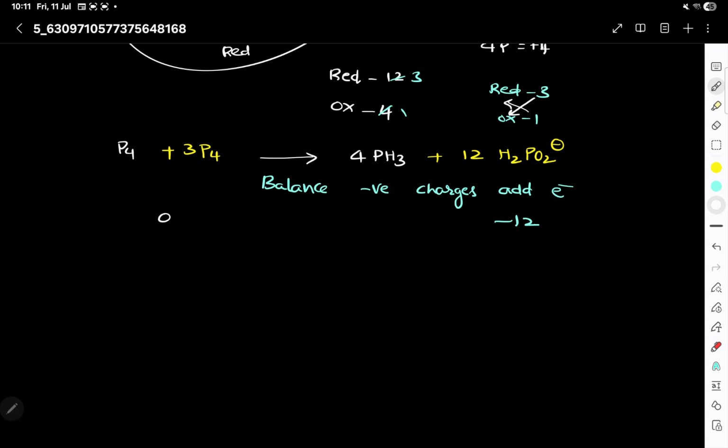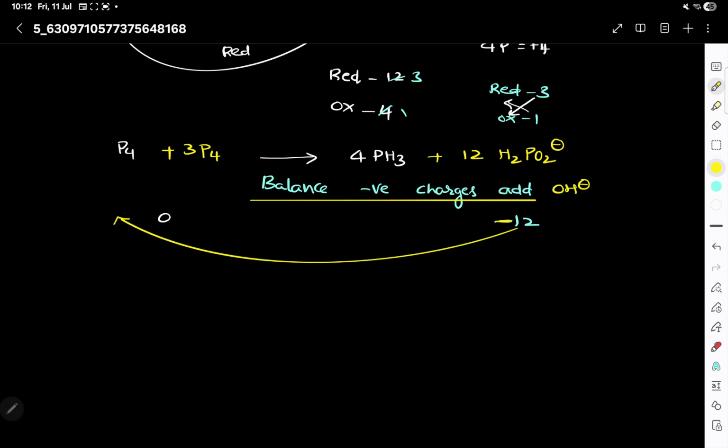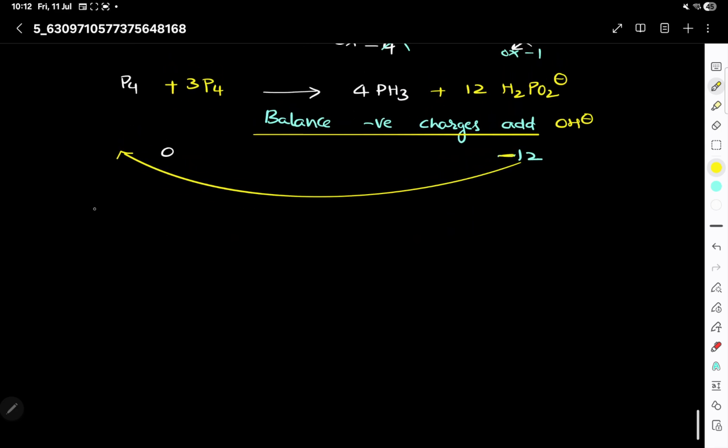To balance the negative charges, add hydroxyl ions. So this side I have 0, this side minus 12; I want to balance the negative charges, so you can add hydroxyl ions on this side. So now 12 hydroxyl ions plus 4 P4 gives rise to 4 PH3 plus 12 H2PO2 minus.